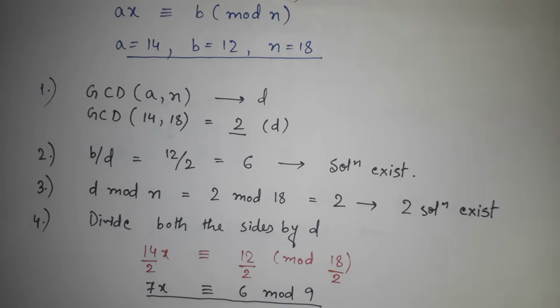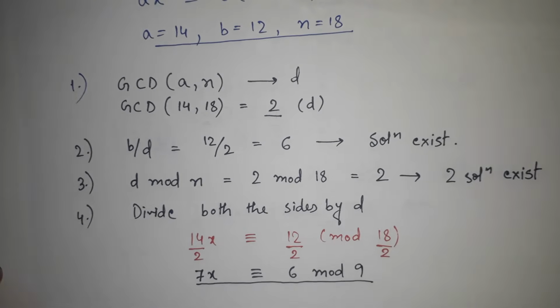Then in the 5th step, take those steps with you so you can get a clear idea. Though I am writing the steps, from here up to here, we have done up to the 4th step, dividing both the sides by d.